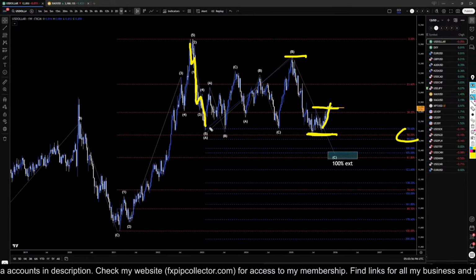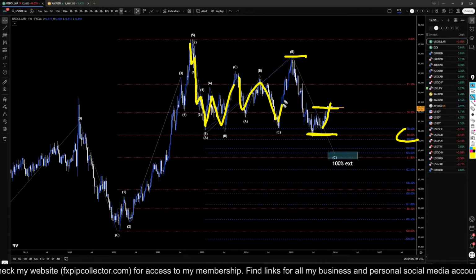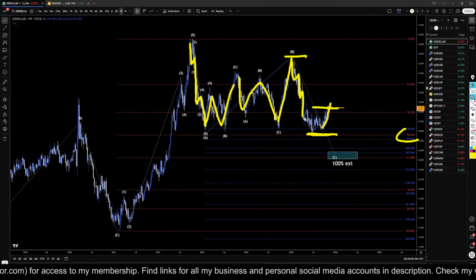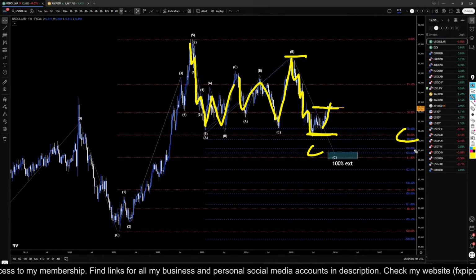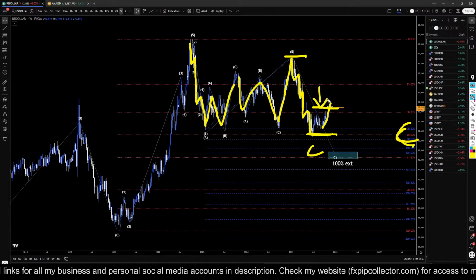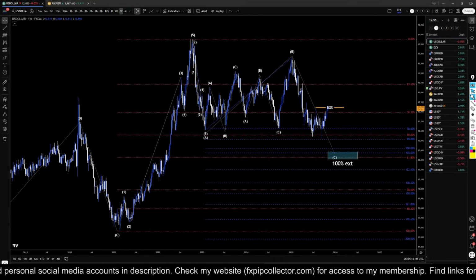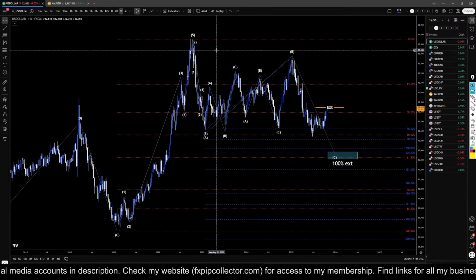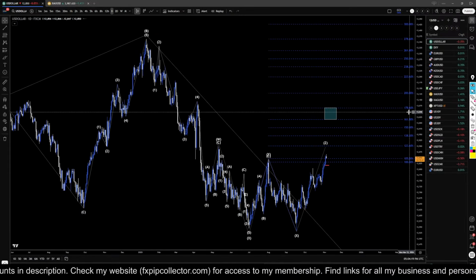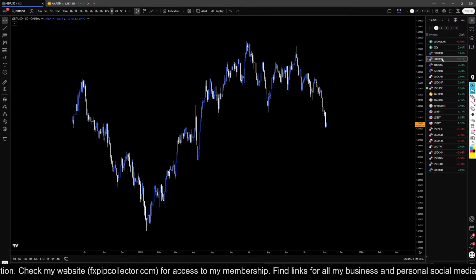It looks like five waves down, then 1, 2, 3 up, 1, 2, 3 down, and then one up for a flat pattern for the wave B. Then it just looks like a traditional downtrend for the wave C. A 50% fib bounce, a 78% Fibonacci extension, and a break of structure would pretty much confirm that this is back into the uptrend. So there is definitely a chance that that is possible. I don't really think that's what's going to happen, but it is definitely possible.